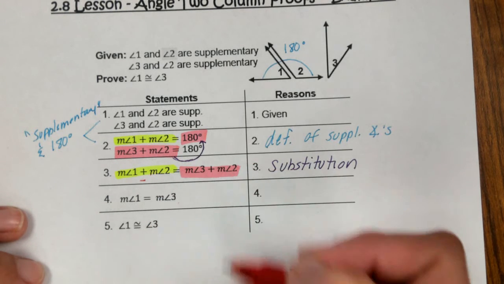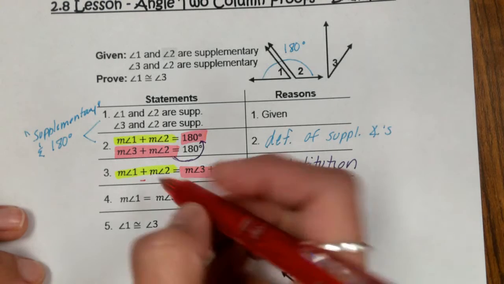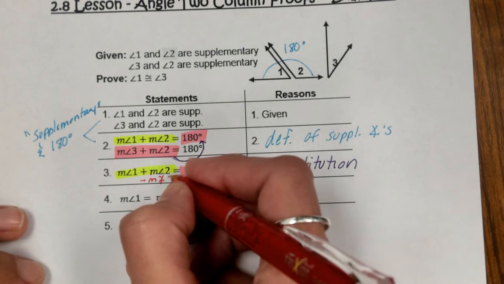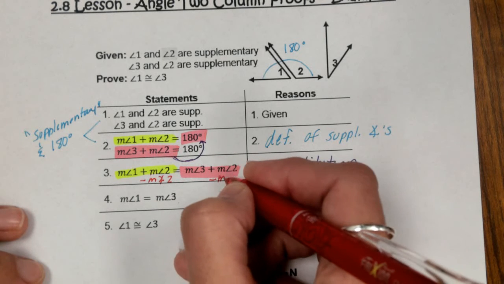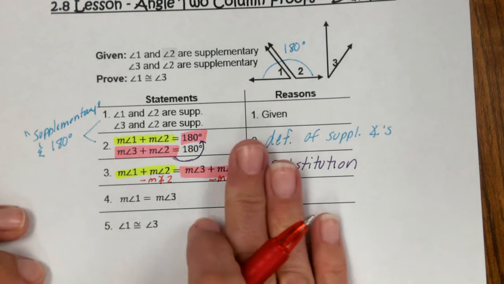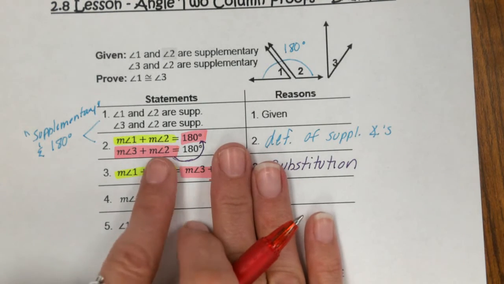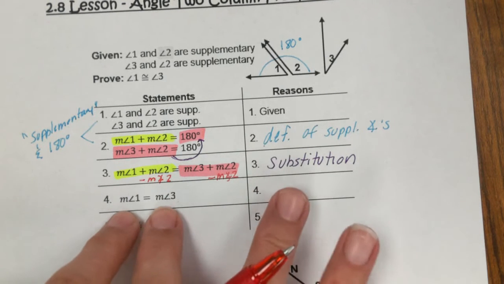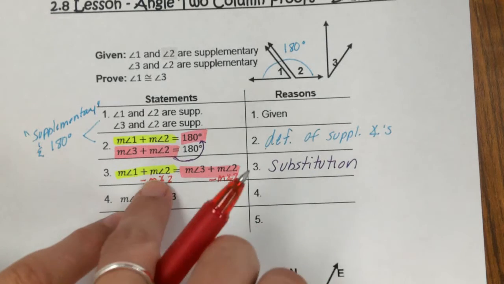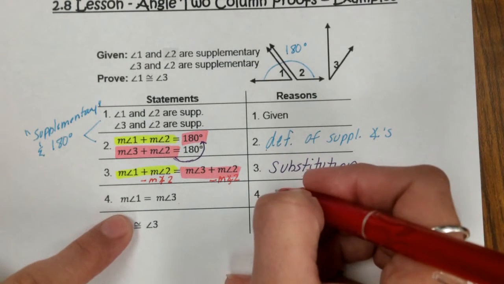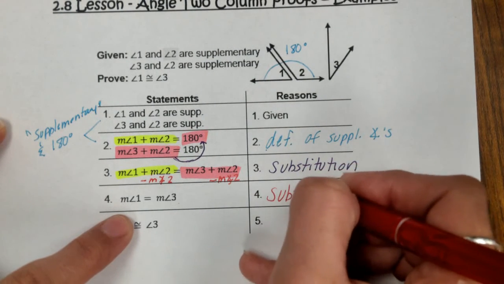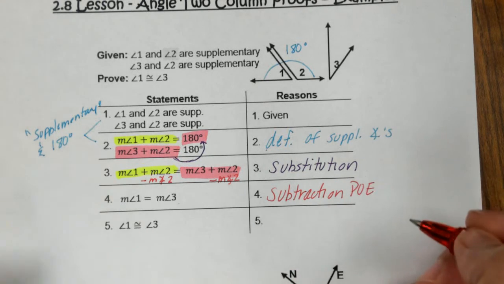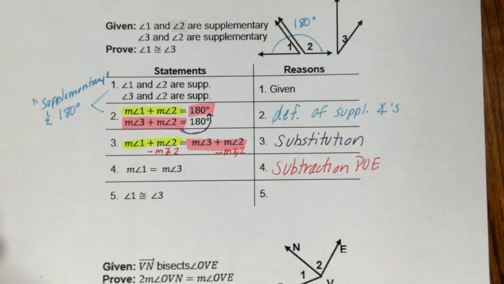Well, we got rid of the measurement of angle 2. We're adding, so we have to do the opposite. This goes back to your algebraic proofs. We're going to subtract the measurement of angle 2 on both sides. That cancels them out. And what are we left with? The measurement of angle 1 is equal to the measurement of angle 3, exactly what we have down here. So since we subtracted from both sides, this is your subtraction property of equality. I didn't put that on number 3, no big deal. We know what we're talking about.